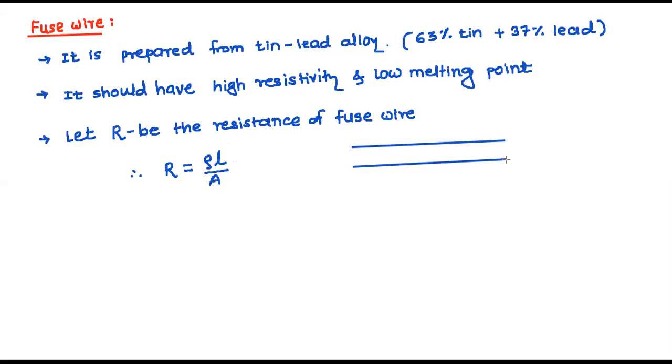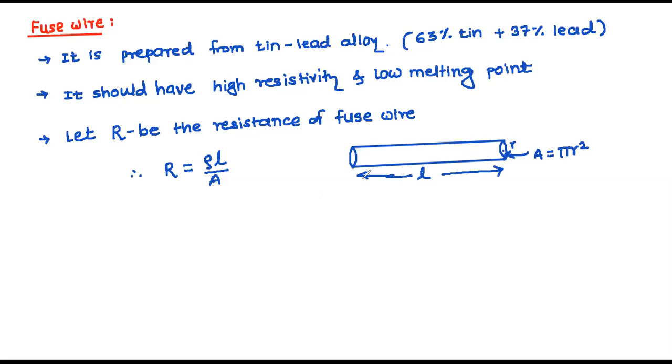This is a fuse wire. You can see, from this to this you are having some radius, and the area of this cross section A is equal to pi r square, and this is the length of this fuse wire.